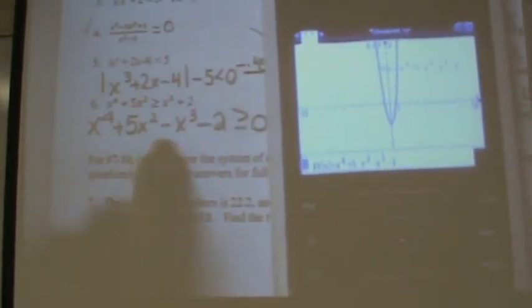Okay, here is the graph of x to the fourth plus 5x squared minus x to the third minus 2x. Now, since we brought everything over on one side, I need these two critical zeros. These are the critical numbers. And I'm looking for the portion of the graph that's greater than or equal to 0.